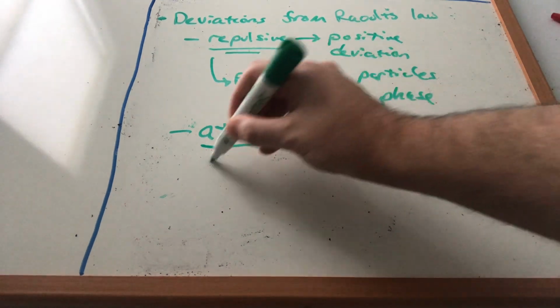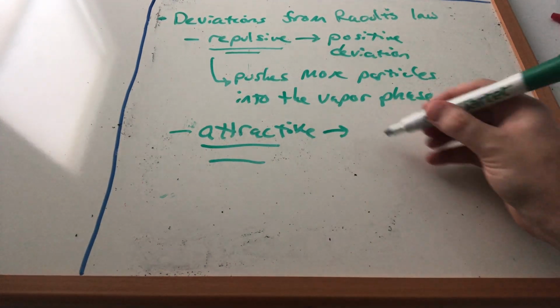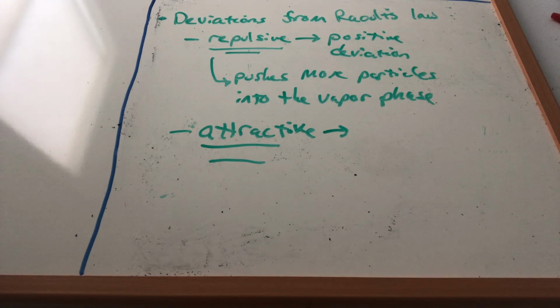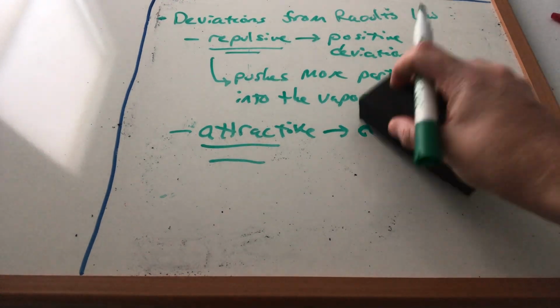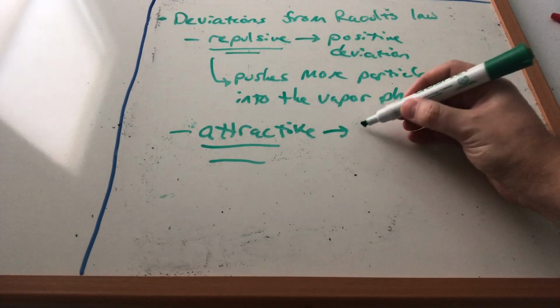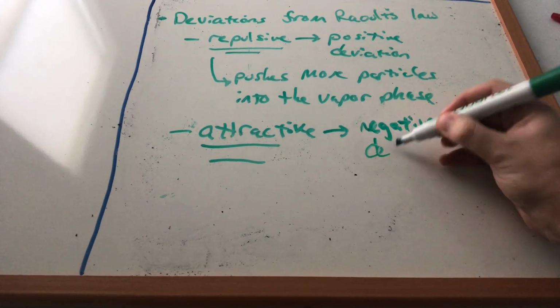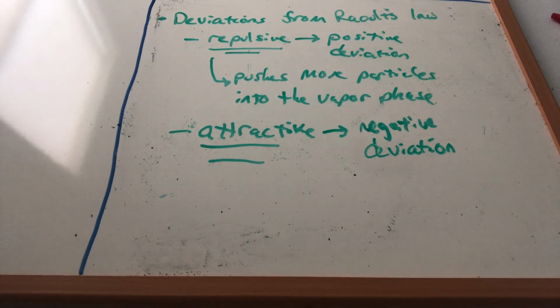Well, now an attractive interaction has been introduced. So for these sorts of situations, we actually get fewer particles into the vapor phase than Raoult's law predicts, and we call that a negative deviation from Raoult's law.